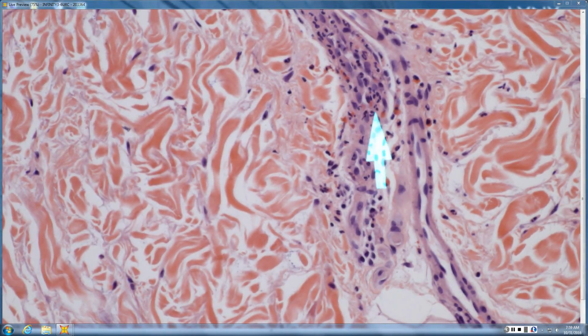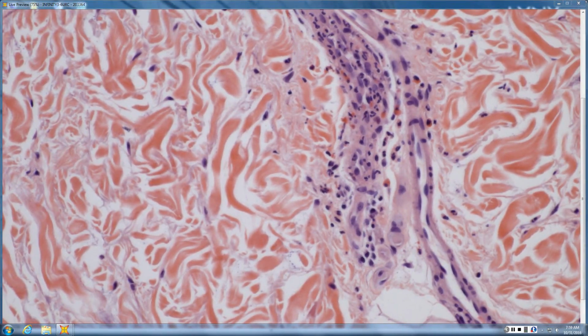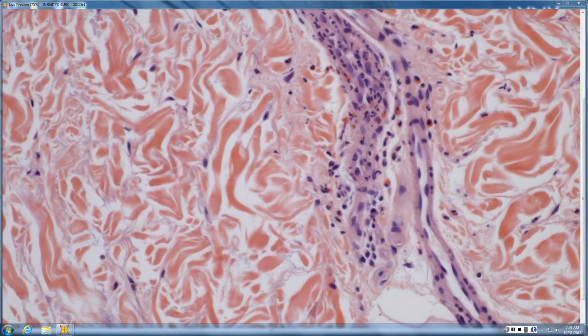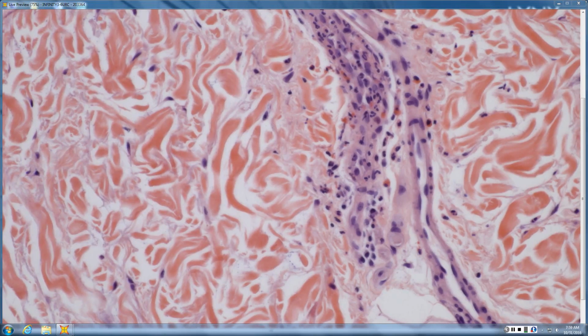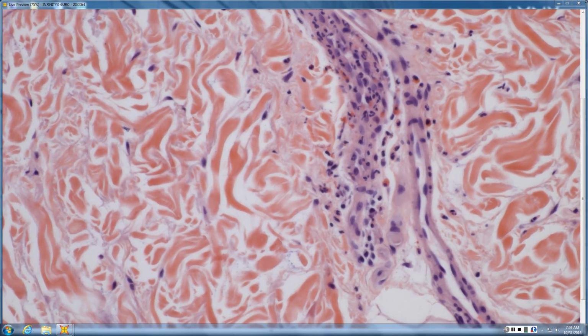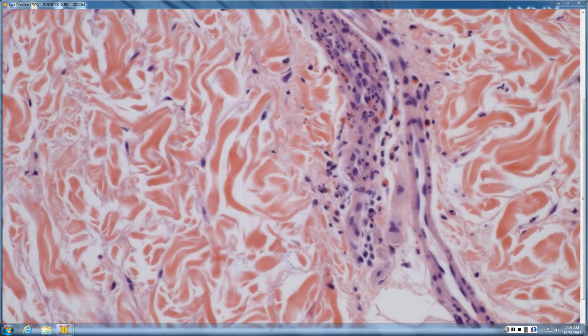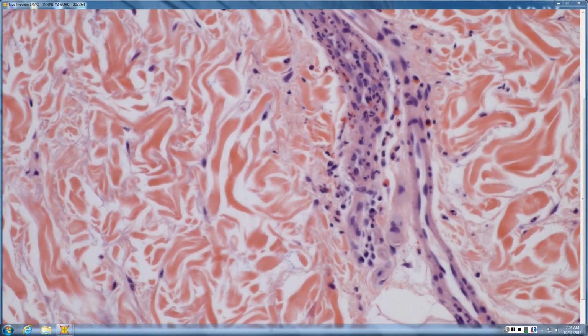So given that we have no karyorrhexis and we have EOs, a dense perivascular neutrophil infiltrate, it looks like an urticarial response.